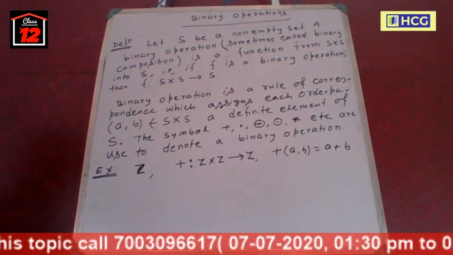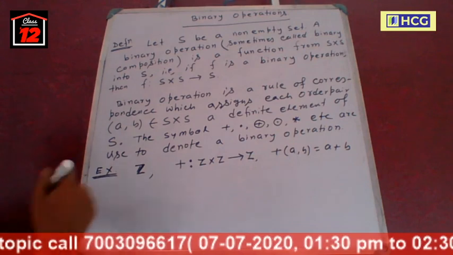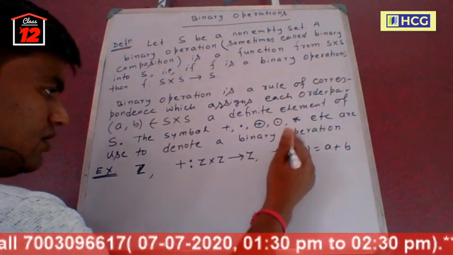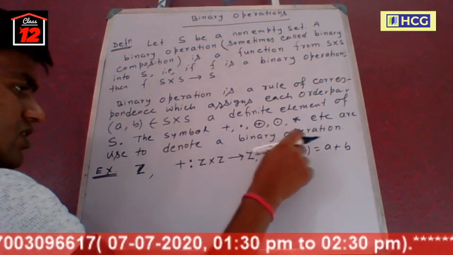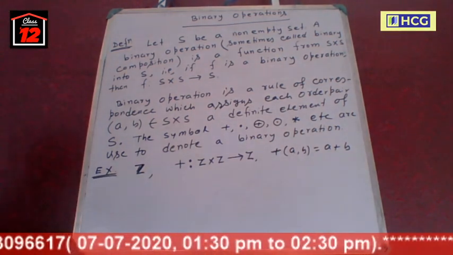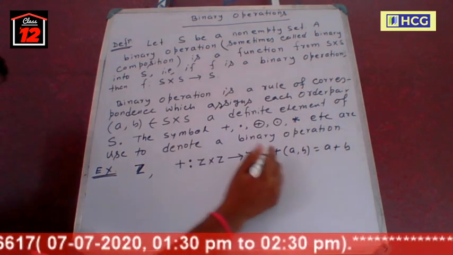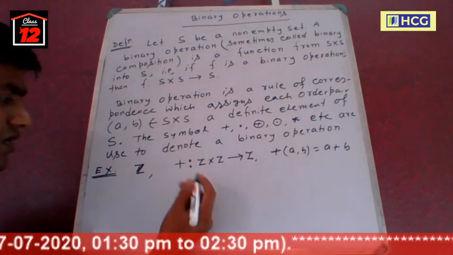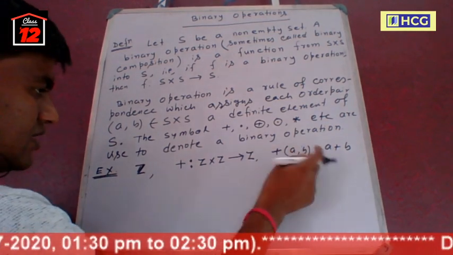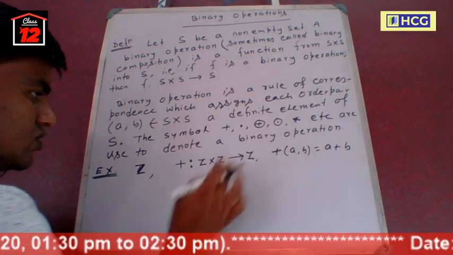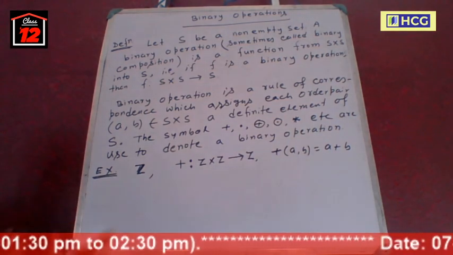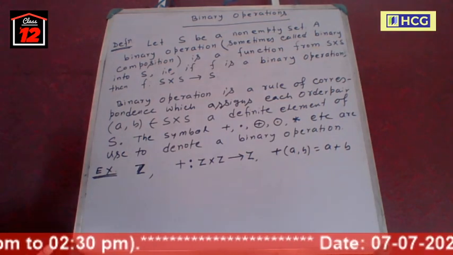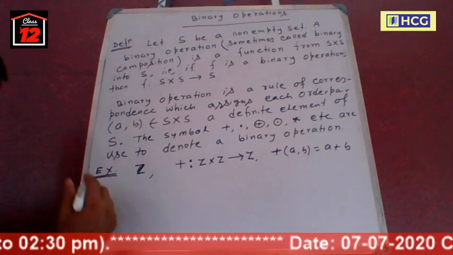This is the usual addition. Now we check: this is a binary operation. Yes, this is a function. Plus is a function from Z cross Z to Z. So therefore the usual addition is a binary operation on the set of all integers.